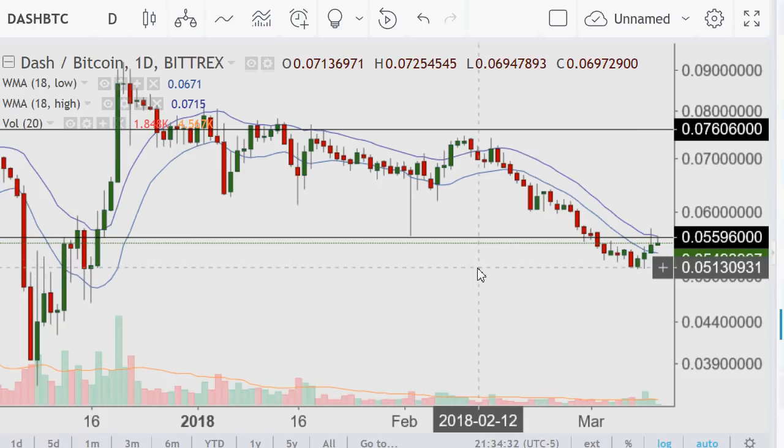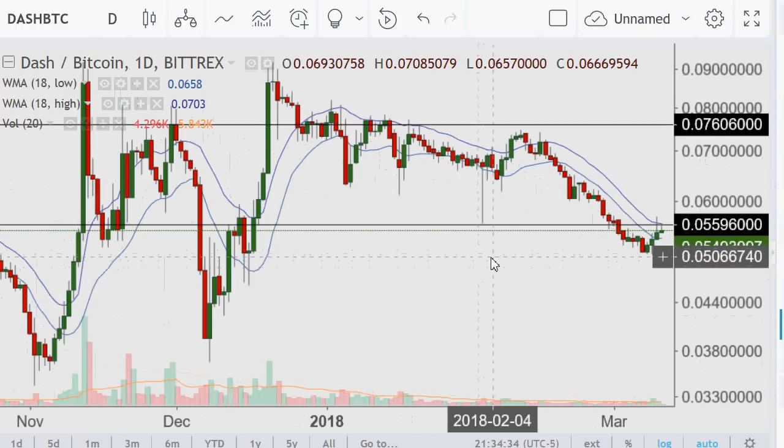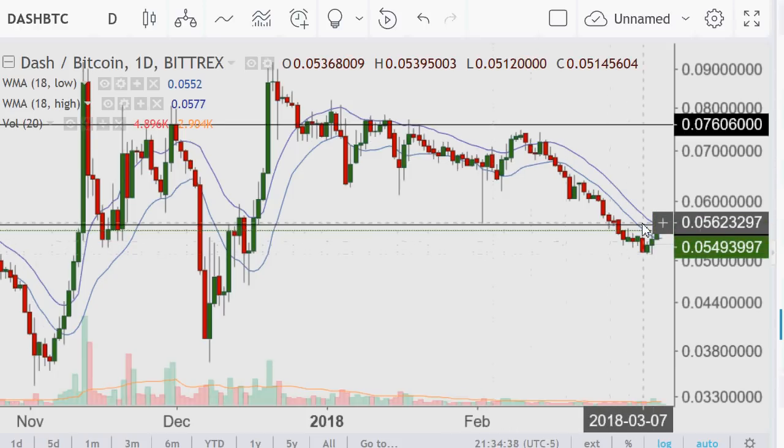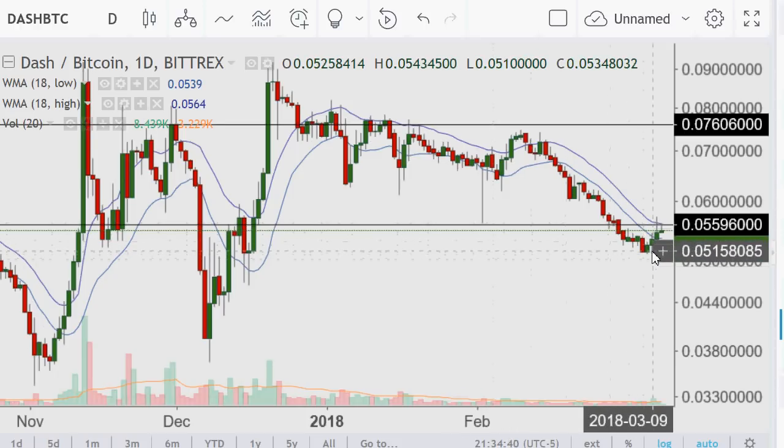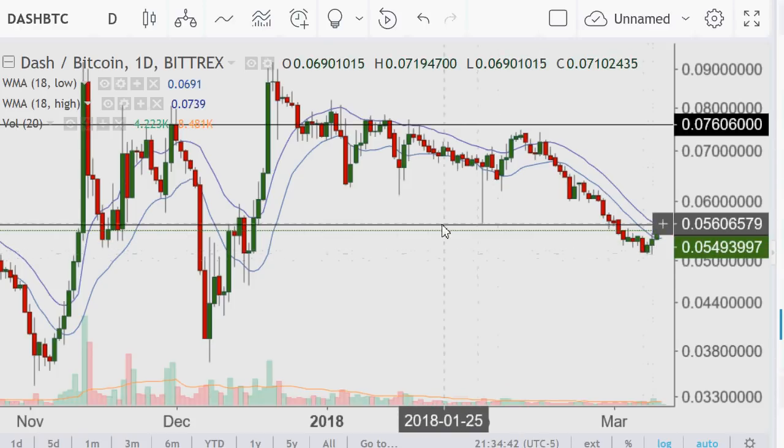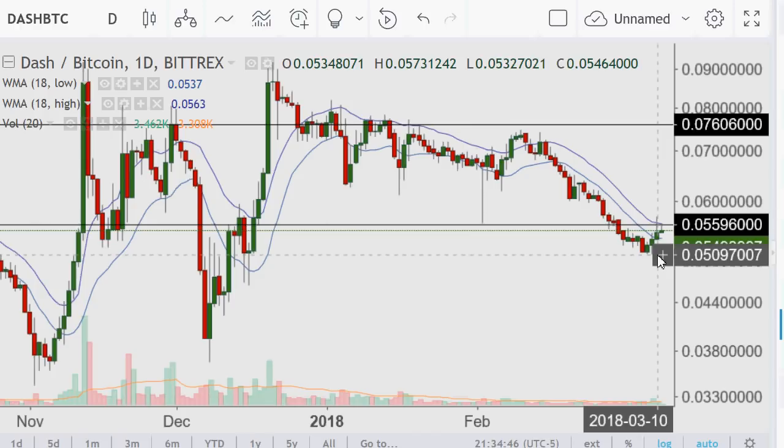Either we got the failed move lower, and like I was talking about with the NEM chart, usually the failed moves are of noticeable but not that of large proportions, because I'm not buying Dash at 0.0. I'm not buying at these levels here. Not even maybe.